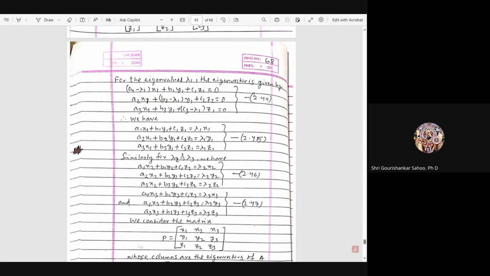Similarly, for lambda 3, a1 x3 plus b1 y3 plus c1 z3 is equal to lambda 3 x3, a2 x3 plus b2 y3 plus c2 z3 is equal to lambda 3 y3, and a3 x3 plus b3 y3 plus c3 z3 is equal to lambda 3 z3.